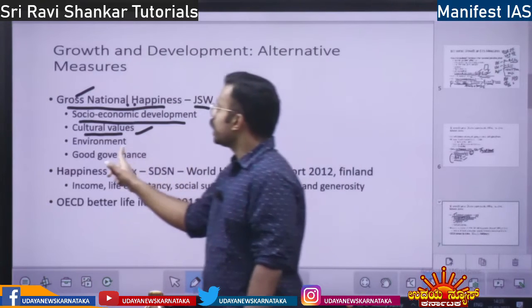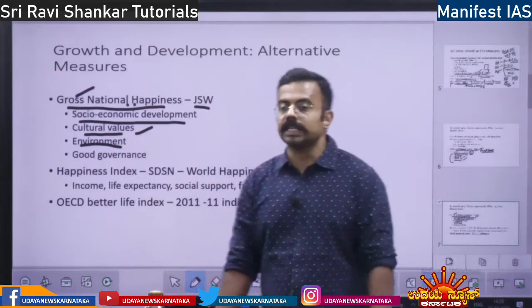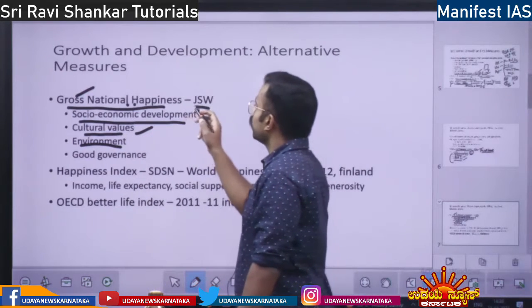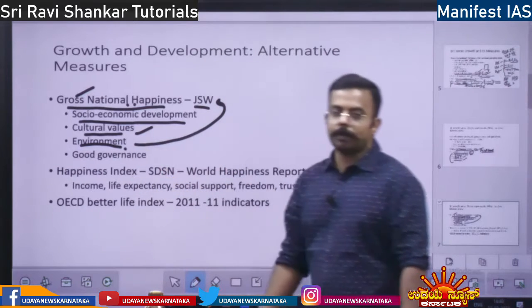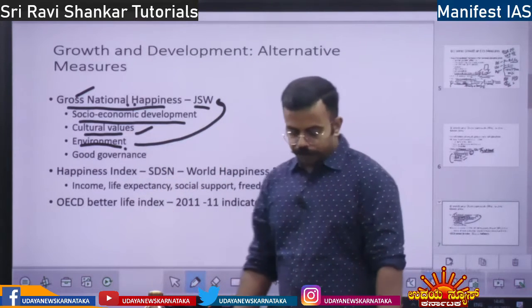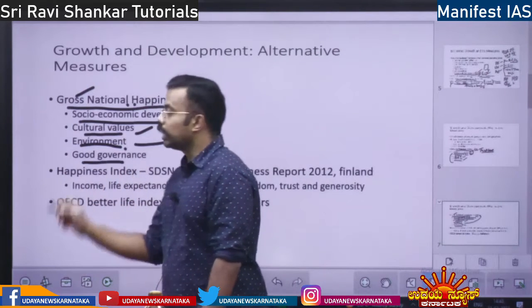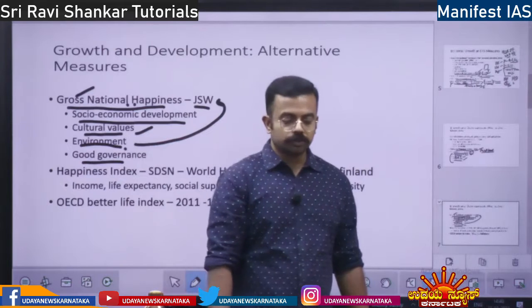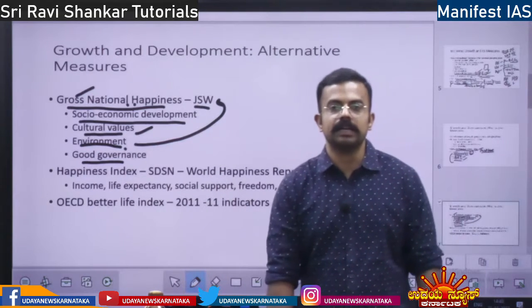Next we have environment. If we protect the environment, if the environment is good, then we are happy. There is proper protection of the environment, then we are happy. Not only that, good governance. What is good governance? When is Good Governance Day celebrated?